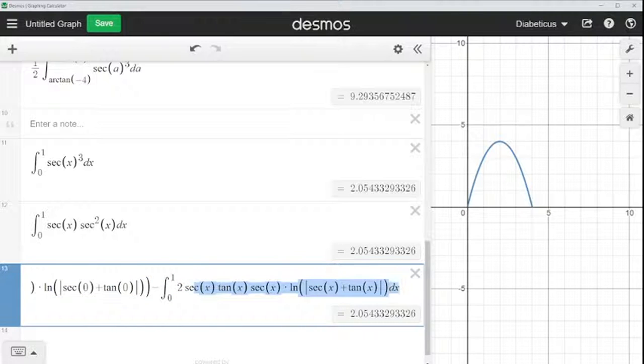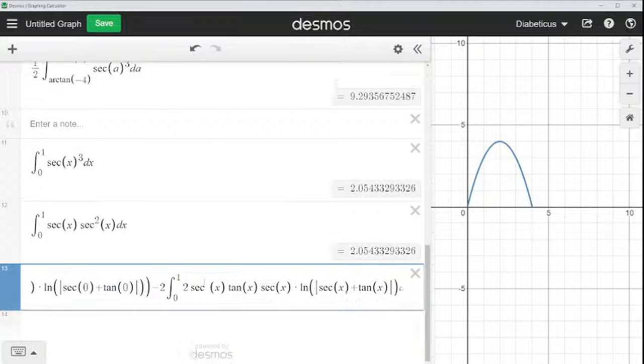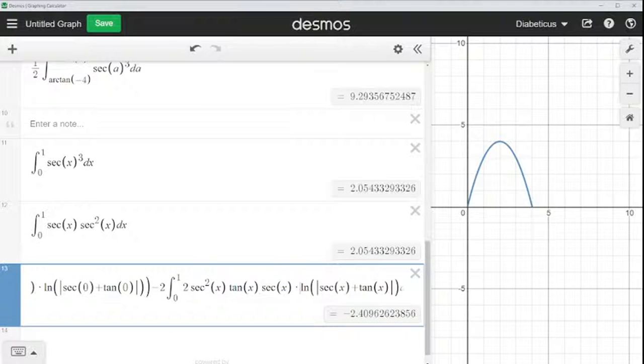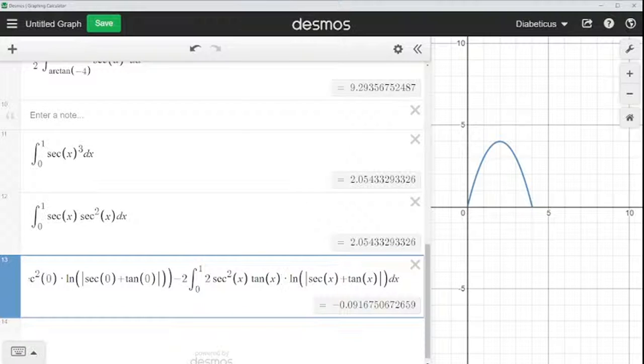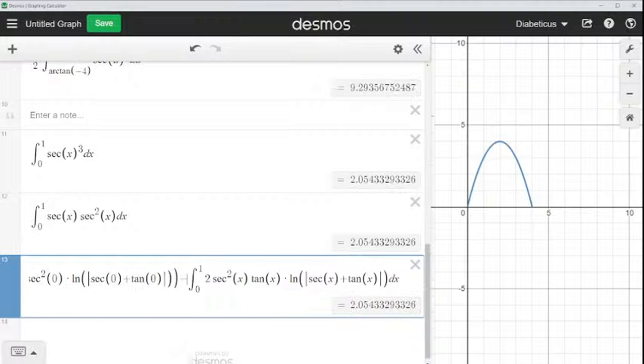Now, question is, can we solve this? We can simplify this if you want. We can take 2 secant squared here and... well, wait, hold on. Something's wrong. Oh, okay.